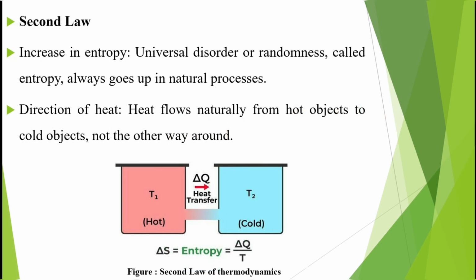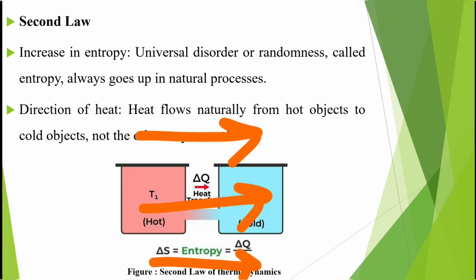Then the second law of thermodynamics states that the total disorder, or more scientifically entropy, of an isolated system always increases over time. Energy naturally spreads out and becomes less useful, meaning heat moves by itself from hot objects to cold objects, but never the reverse without extra work.